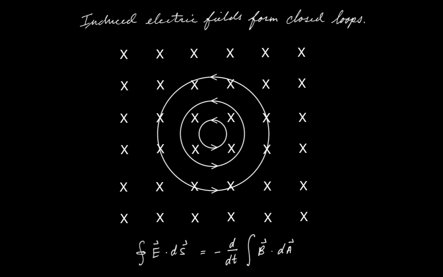But imagine if this effect was taking place in space and you fashioned a loop of wire and held it up in this region of space. Perhaps you made the wire into a circle that was the same diameter as one of the circles that you see in the diagram, and you held it up right there. That electric field would cause the charged particles inside of the wire to begin to move.